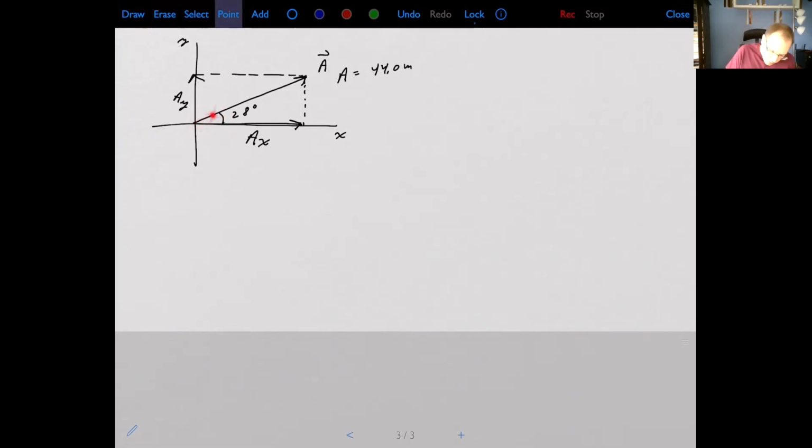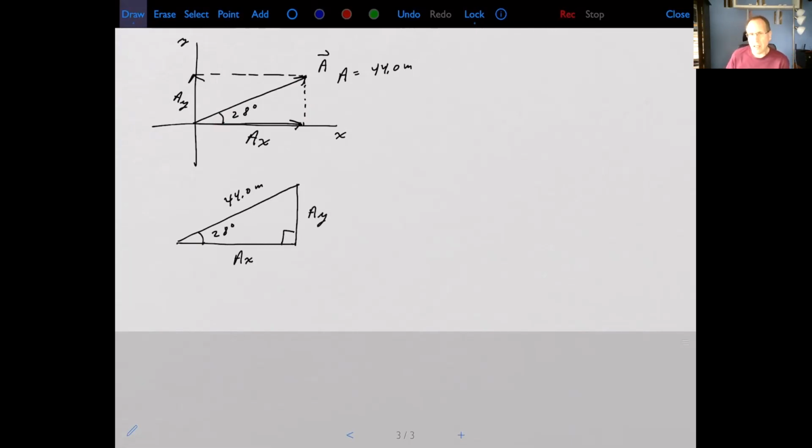So this is the right triangle I want to extract. I know that this angle is 28 degrees. I know that the hypotenuse is the magnitude of A, so that's 44.0 meters. And then this is Ax, and this side is Ay.